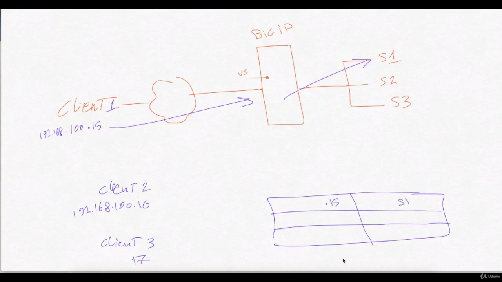Now when client 2 connects, as per the load balancing, he will go to server 2. So .16 goes to server 2 and .17 goes to server 3. And this persistence record will be valid for 180 seconds, which is 3 minutes.